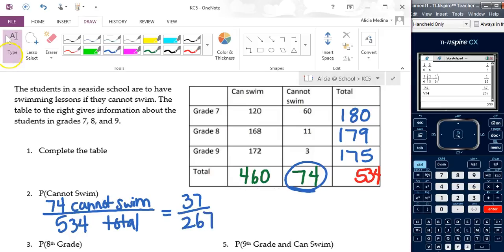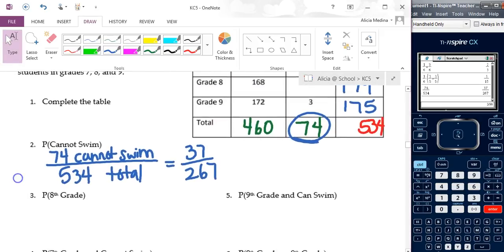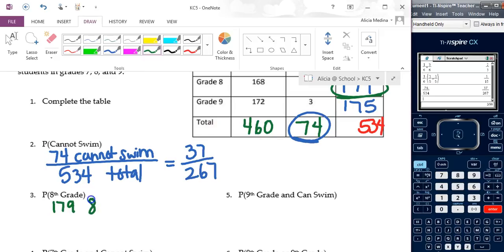Alright, so now we're going to keep moving along. What is the probability of being an 8th grader? Well, for 8th grader, I have my total, which is right here. That total is going to be 179 eighth graders over the total number of people.